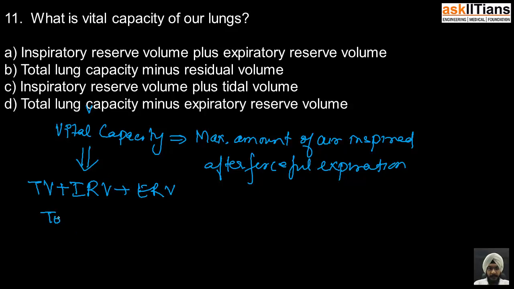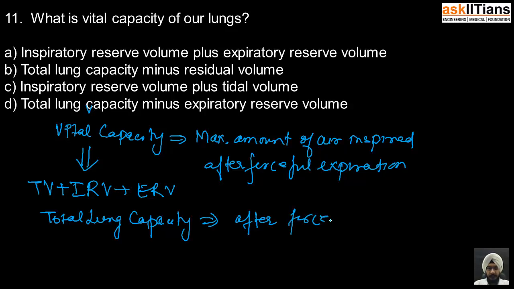Whereas the total lung capacity is the total amount of air that can be accommodated in the lungs after forceful inspiration. This is a combination of vital capacity plus residual volume.